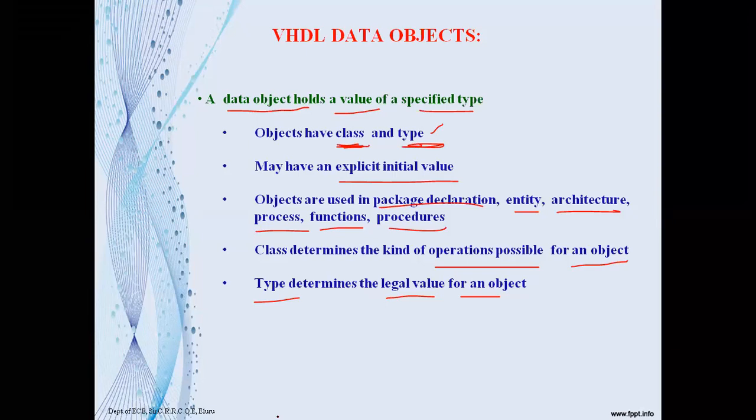The class determines the possible operation, whether the object is a signal, it is a signal operation, whether the object is a variable, it is a variable operation, or whether it is a constant operation. So the class determines the possible operation such as the signal operation, variable operation and the constant operation.